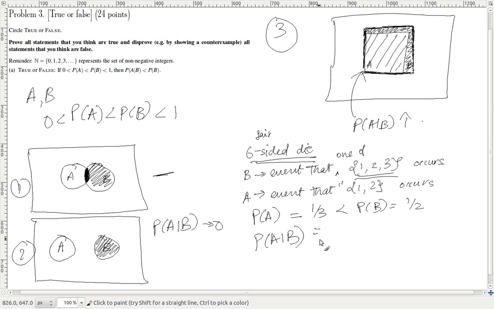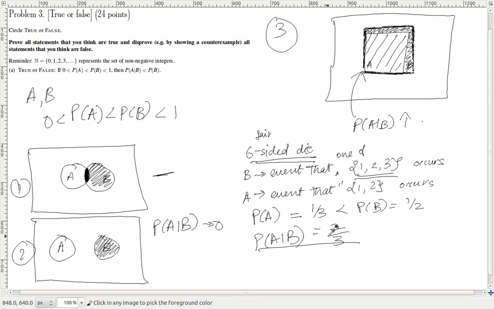So now we know that the probability of A given B is 2 over 3, because once you know that B occurs, or that the die came up 1, 2 or 3, the probability of A occurring goes up a lot, because the amount of space you have to work with has shrunk around A. So you have a much larger chance of A occurring than you did before, because B tells me a lot about A.